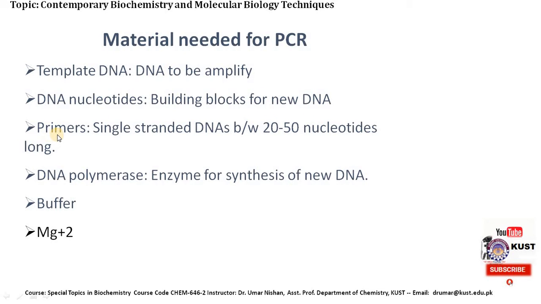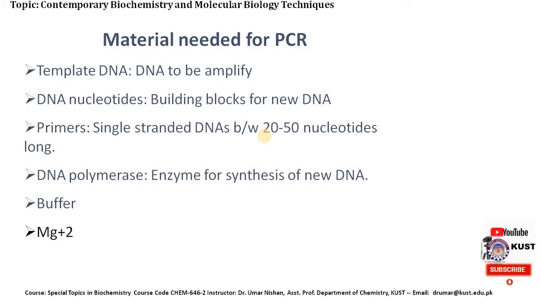Then we require primers. Primers are single-stranded DNA between 20 and 50 nucleotides long. These primers are very important for conducting a PCR, because this single-stranded DNA can anneal with the denatured DNA.